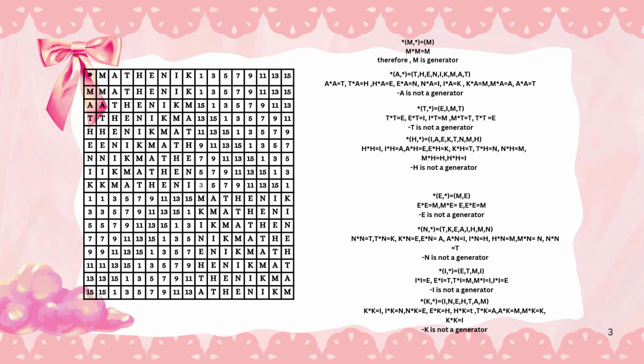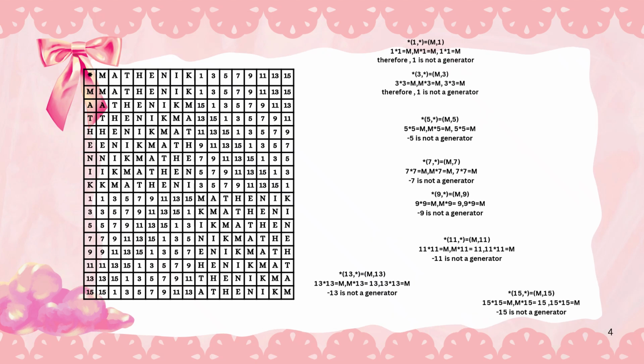Now let's proceed to K, which has the elements I, N, E, H, T, A, and M. K operates K is I, then I operates K is N, then N operates K is equal to E, then E operates K is equal to H, and H operates K is equal to T, then T operates K is equal to A, then A operates K is equal to M, then M operates K is equal to K, then K operates K is equal to I, wherein it's not a generator.